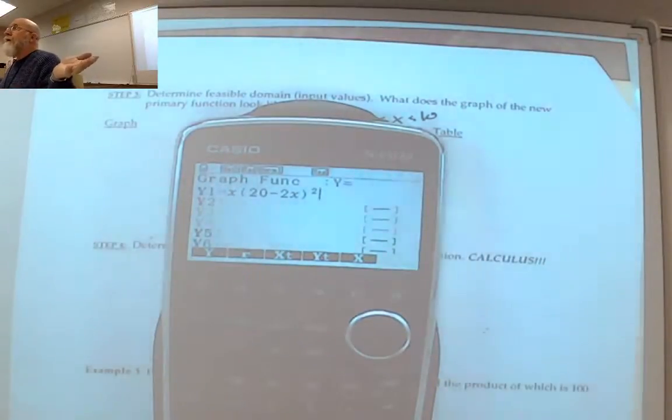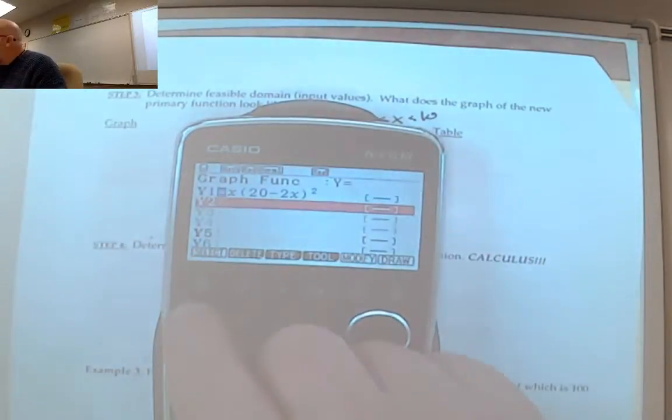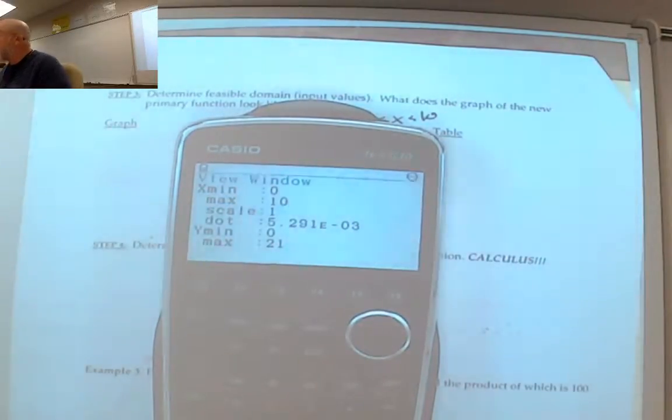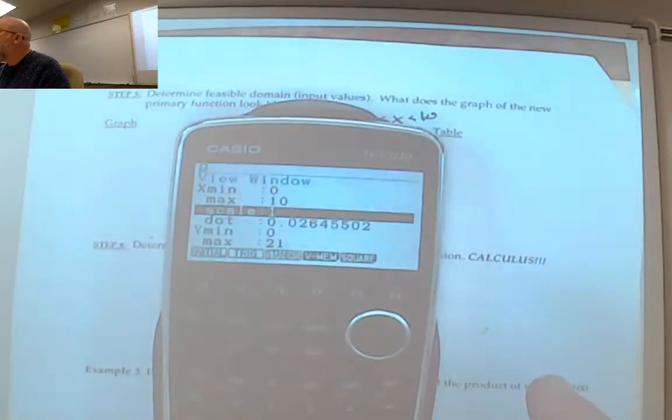But I like looking at this. Do you have to do it this way, Holland? No. This is all about me at this moment, okay? And what I'm going to do, I'm going to press enter. And then here, Cullen, is why I do this. When I go to my window, I'm just going to go from 0 to 10, because it's so much easier for me to focus on what's happening.